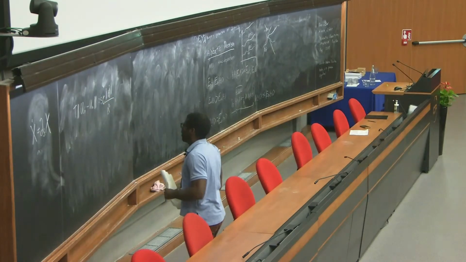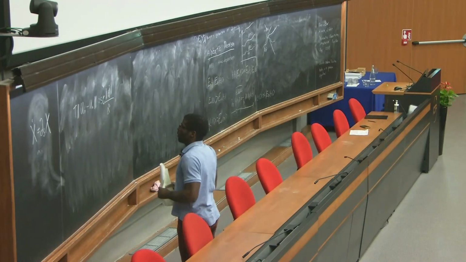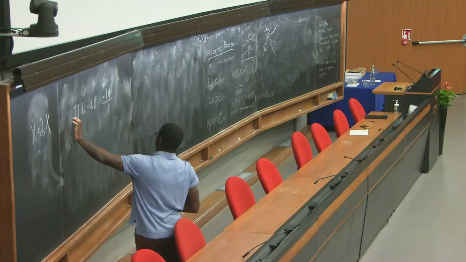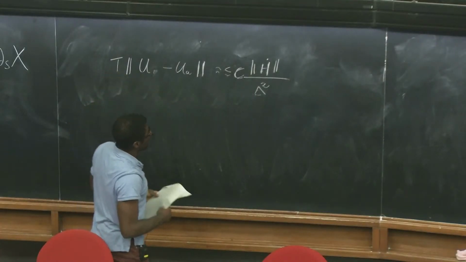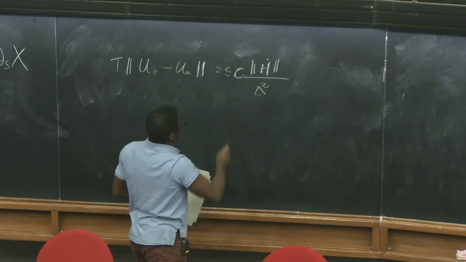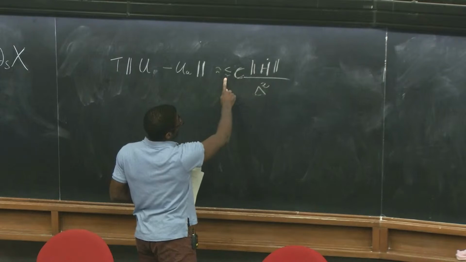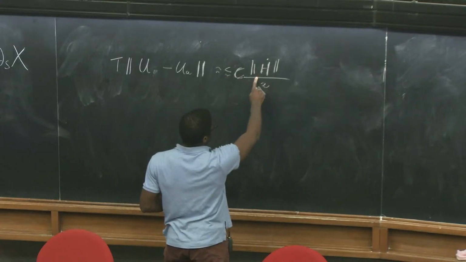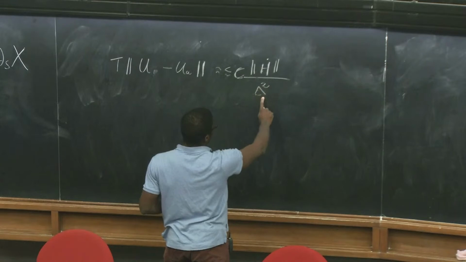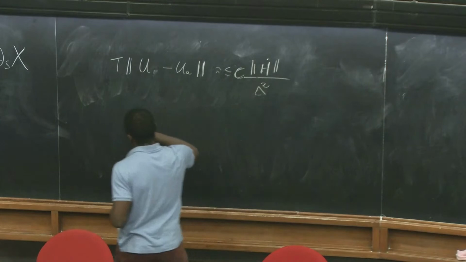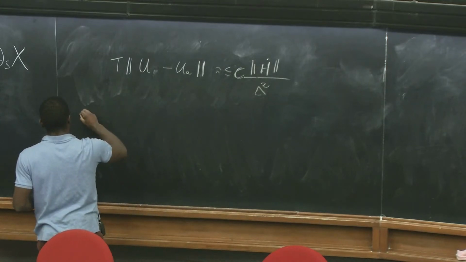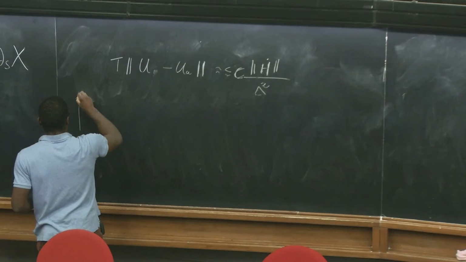some constant. So you're going to have an error, and here you have a total time. So the error times the total time is smaller than the norm of the derivative of the Hamiltonian divided by the gap squared, where the gap is going to be the difference.